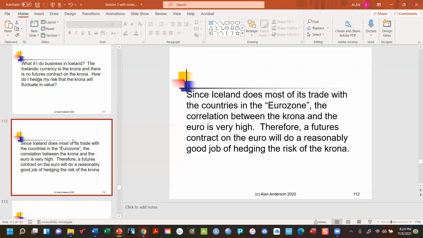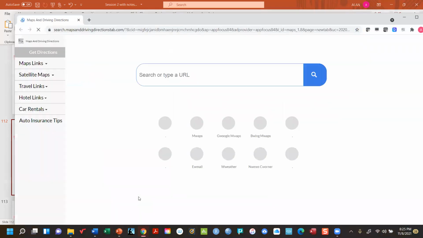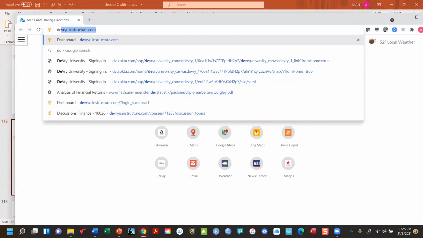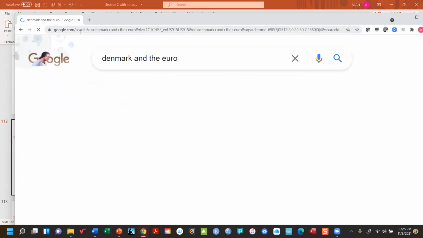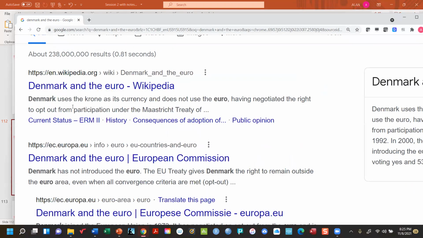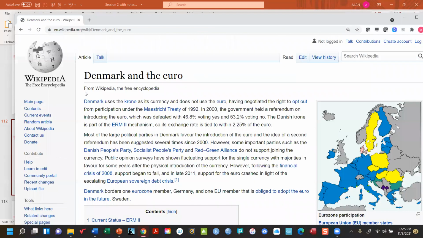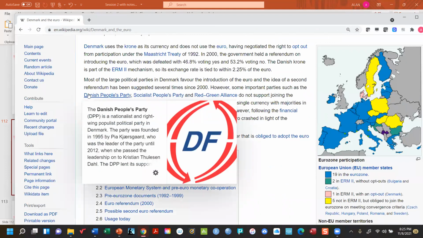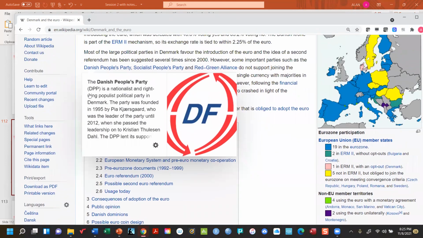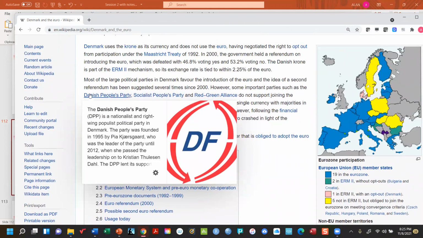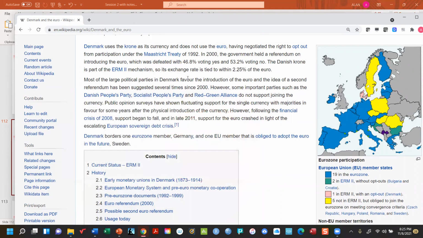And in fact, in Denmark, let me go see if I can find an article about this. Denmark is not part of the Eurozone either. Denmark uses the krone as its currency, but the krone is tied to the euro.